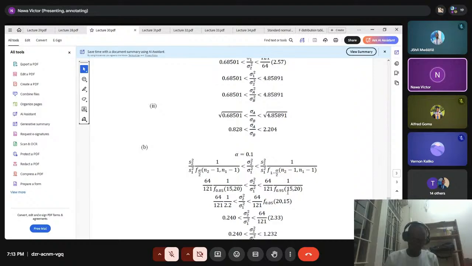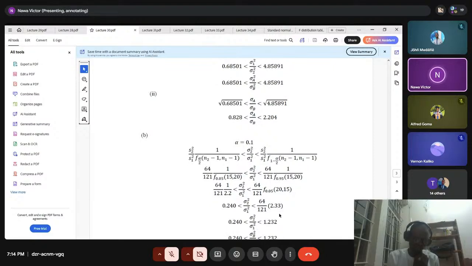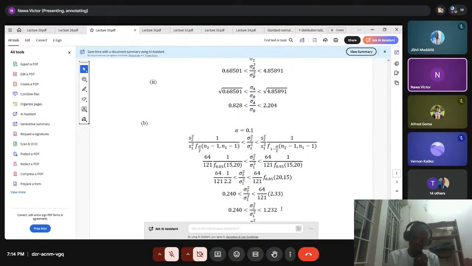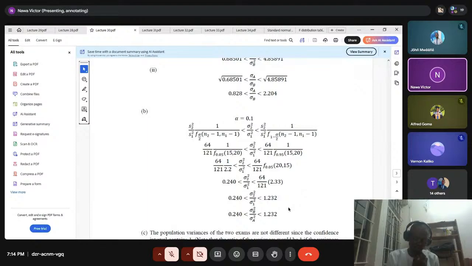And then we don't have a 0.95, so we are going to get a reciprocal of this, meaning it will move from the denominator to the numerator, and then we'll get the complement of 0.95, subtracting it from 1, get a 0.05, and then we switch this, so it will become 20, 15. Then we read from the F tables, and that is what we are going to get.